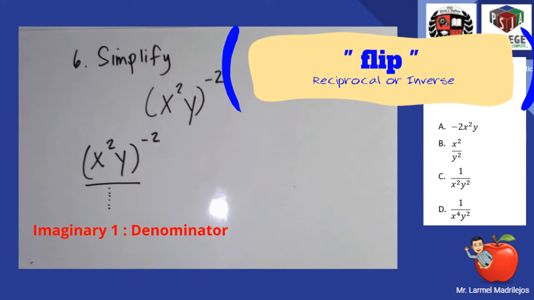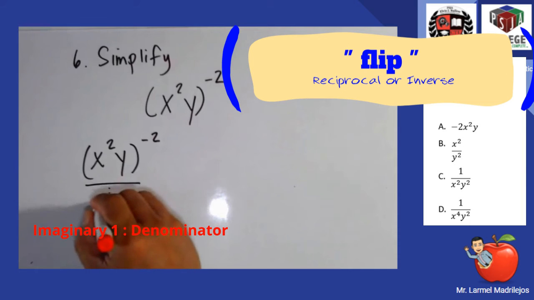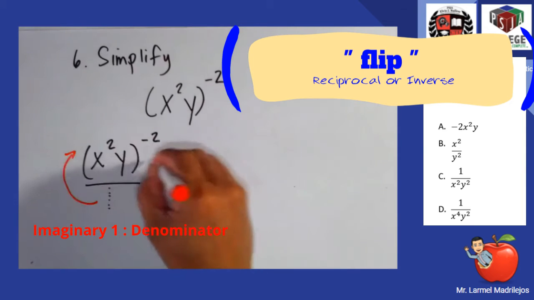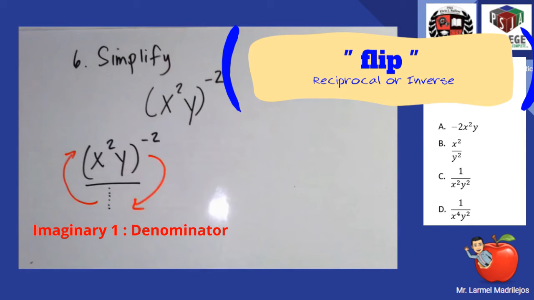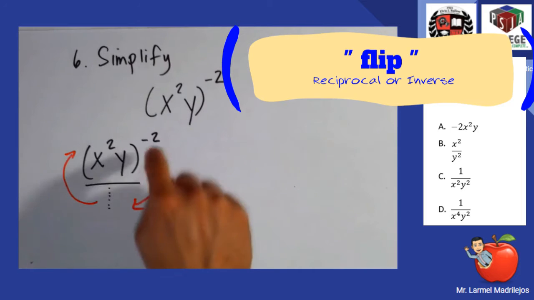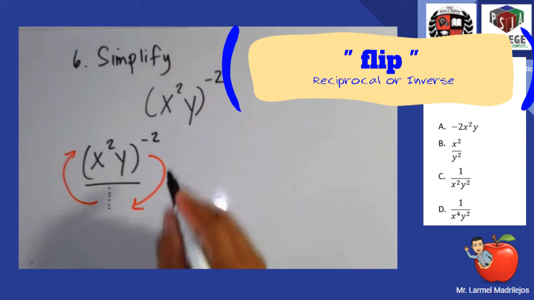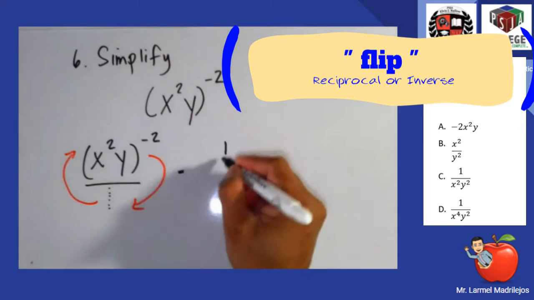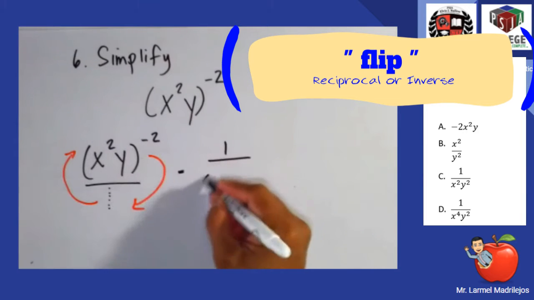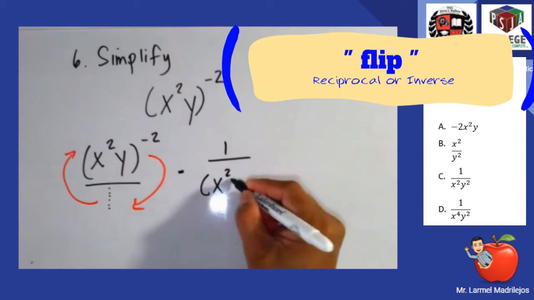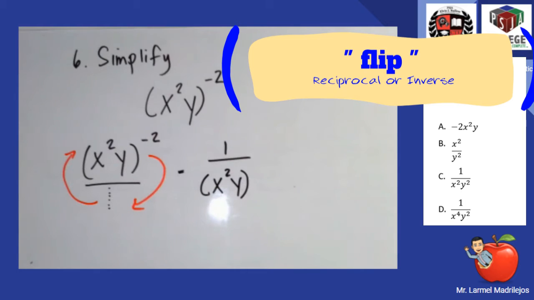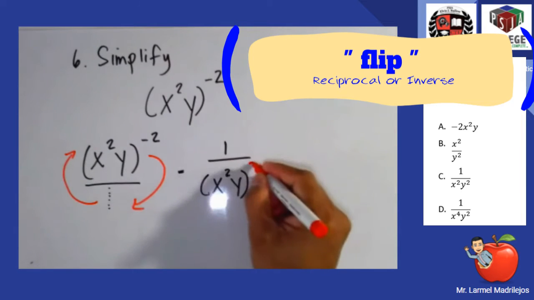So take the reciprocal or flip them. This moves up and this moves down. Doing that changes the exponent, only this exponent. So I'm going to write 1 over x squared y, and take note, the exponent this time is positive 2.